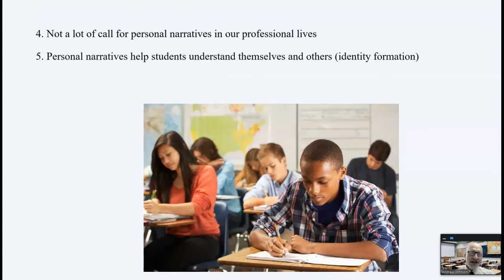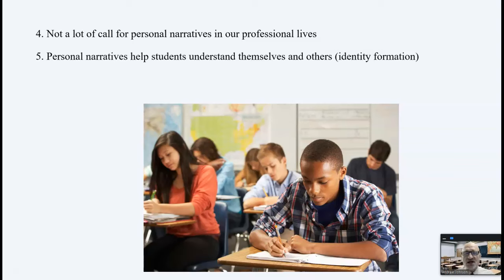However, in the real world, I've never been asked to write a personal narrative. In our professional lives, I have not been asked to do this. Like all the arts, though, we realize the impact of the words, the precision of our words, and the process of this creative writing, this personal writing.